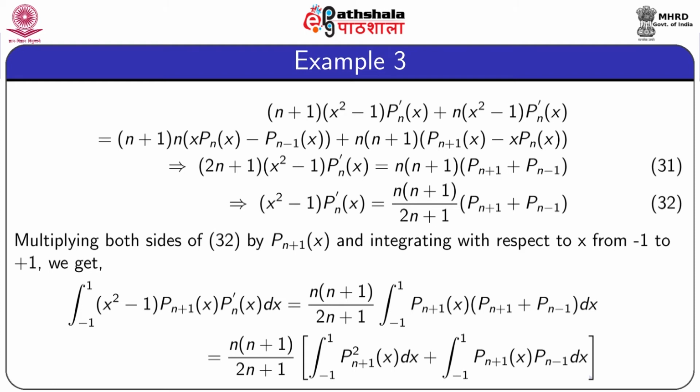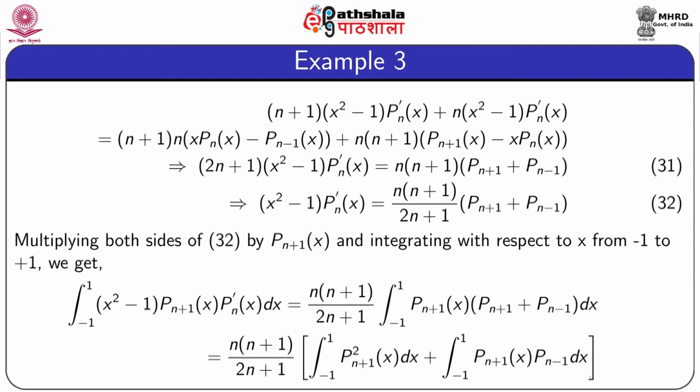We now multiply both sides of 32 by P_{n+1}, and next we integrate with respect to x from -1 to +1, and we get the integration from -1 to +1 of (x² - 1)P_{n+1} P'_n dx is equal to n(n+1) divided by (2n+1) times the integration from -1 to +1 of P_{n+1}(x)[P_{n+1} + P_{n-1}] dx.